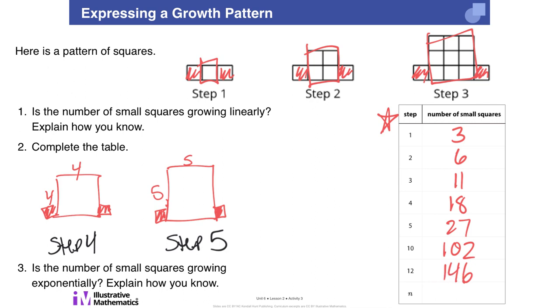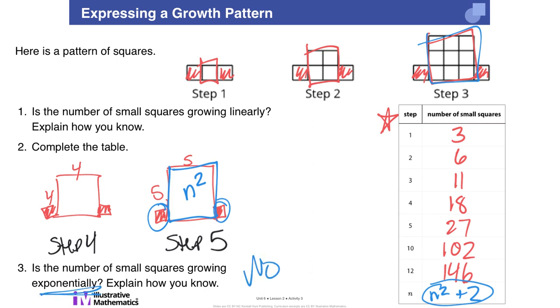So our overall formula, what's happening here? Well, I'm seeing an n squared show up in that middle square in every step of my pattern. And then every time I'm adding on 2 extra squares. So n squared plus 2 is going to be the formula for this one. Is this growing exponentially?